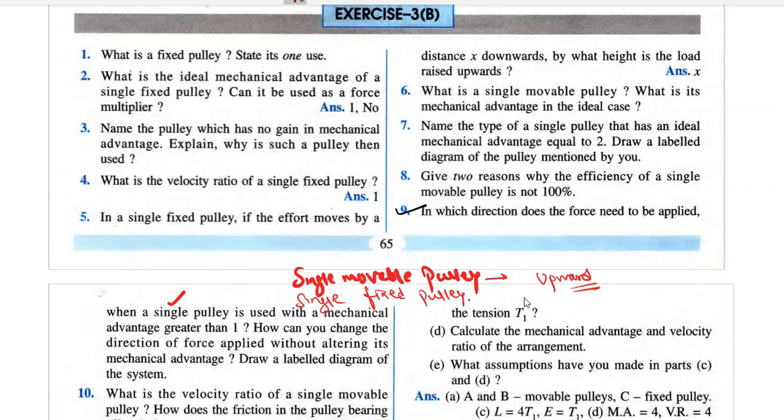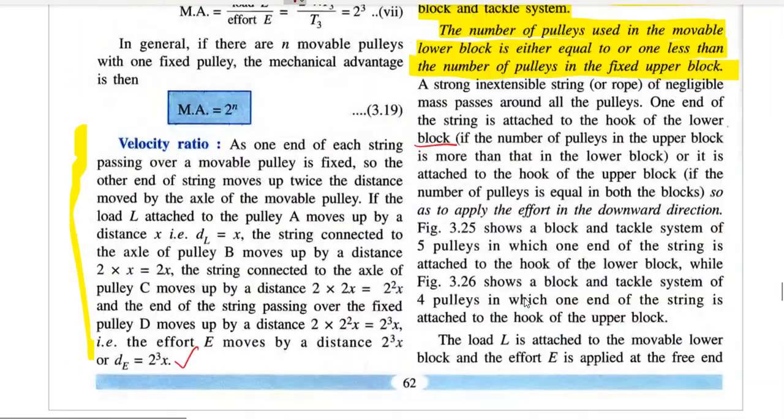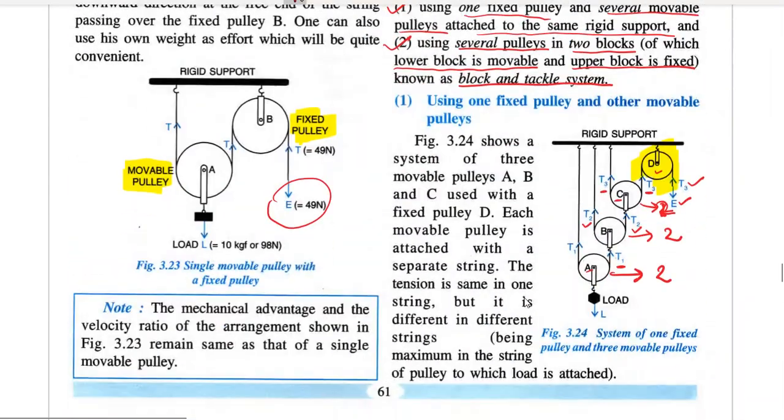If you want to see the diagram of this system, it is given over here. This diagram, single movable pulley with a fixed pulley, gives us mechanical advantage of 2, and also changes the direction of application of force to a convenient direction, that is downward.